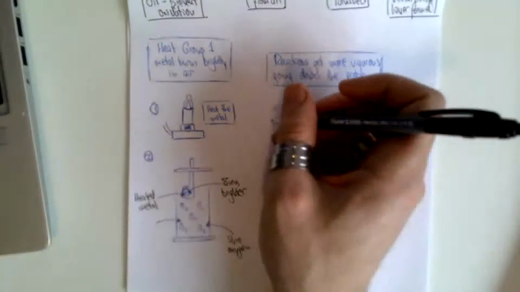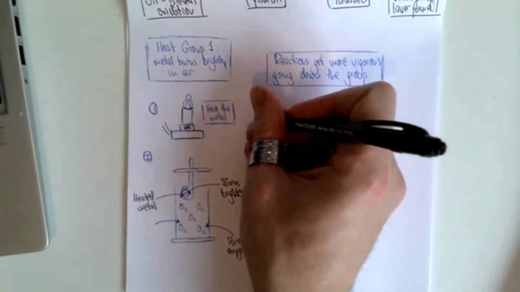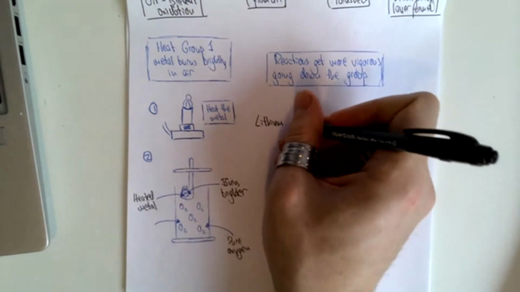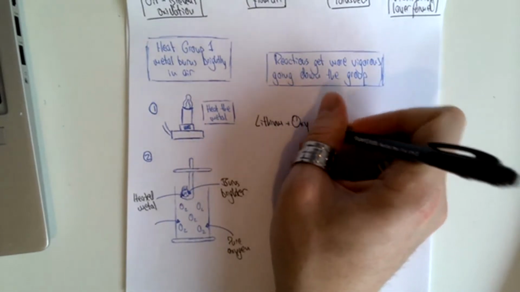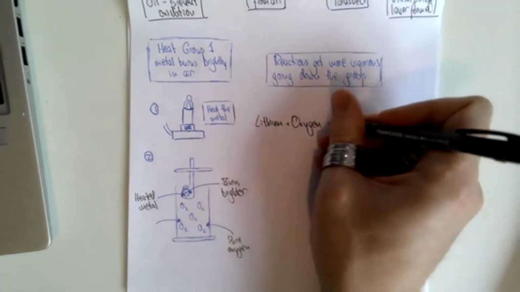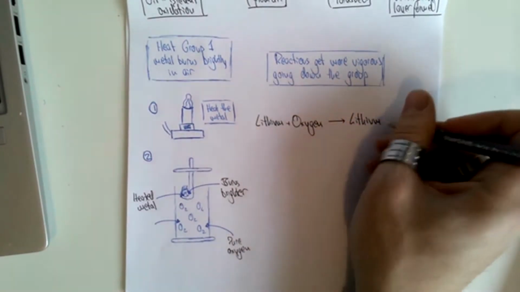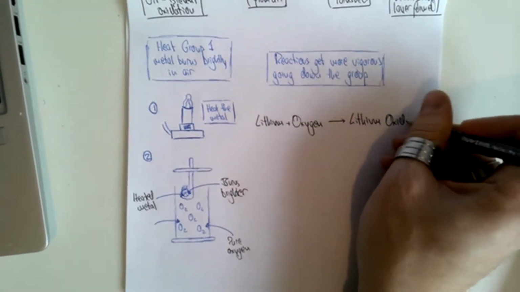In a similar manner, because oxygen is in the air, you are carrying out an oxidation reaction. So if you were to use our three elements from earlier, lithium plus oxygen, this process of burning lithium in the air would form lithium oxide.